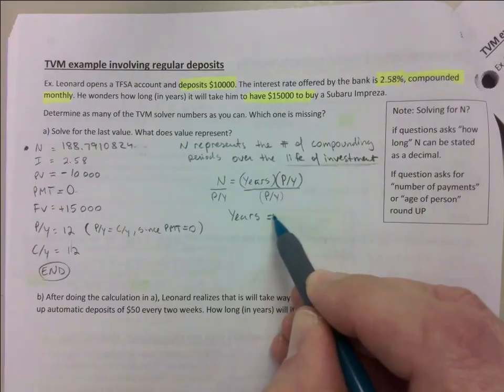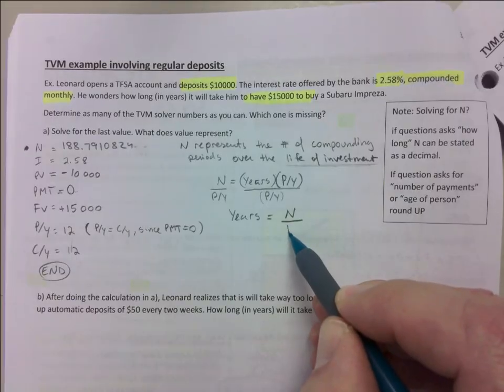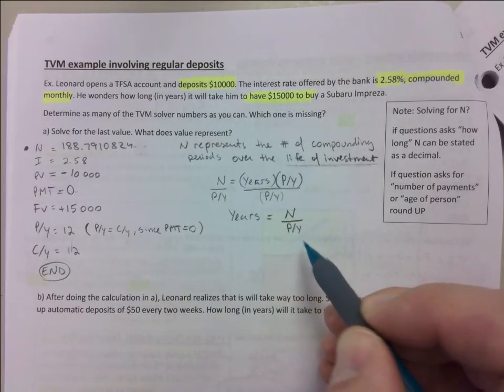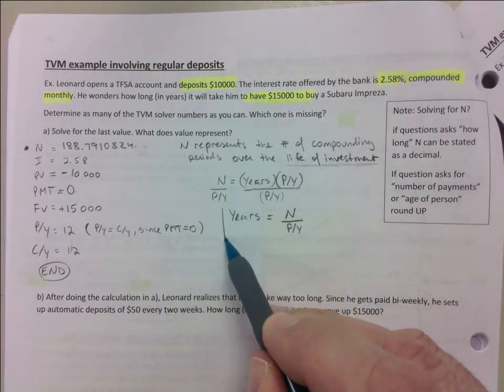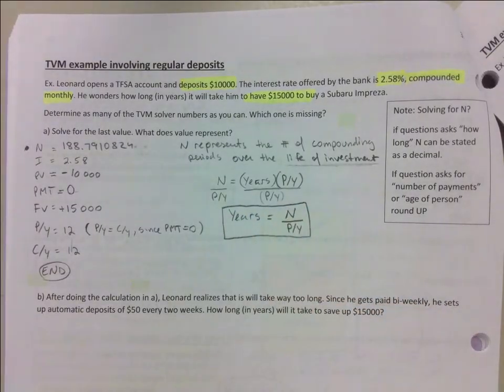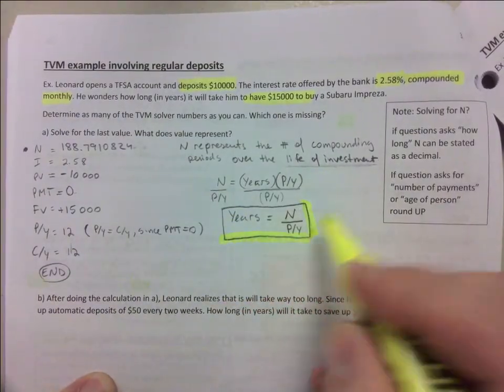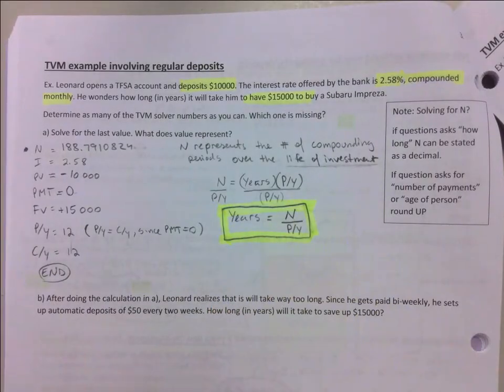Years is always going to be found by going N divided by the number of payments per year. I would put this right next to my TVM solver section on my study sheet. I would highlight this even because some of you might not get to your study sheet until later.